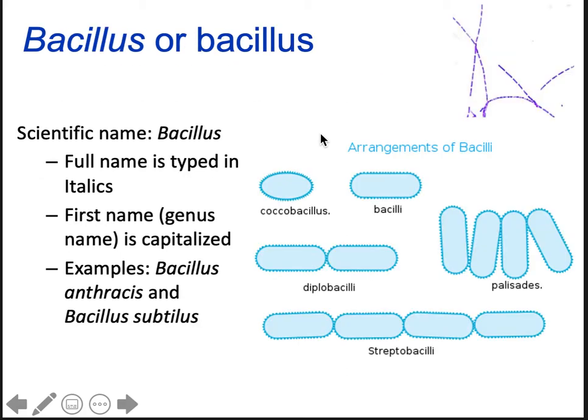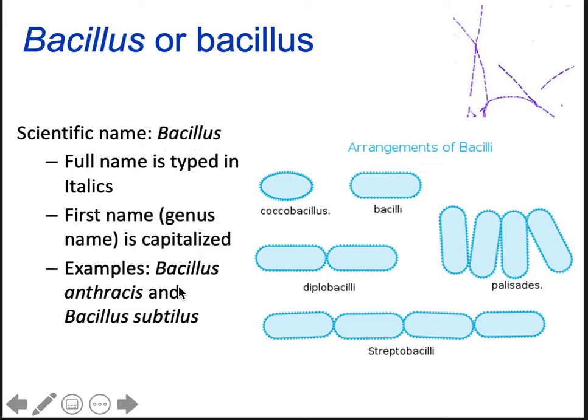And so let's take a look at what that looks like. Unfortunately, before we had a better naming system, we had some bacteria that were named Bacillus, so they would be written in italics, with a capitalized B because it's the genus name.